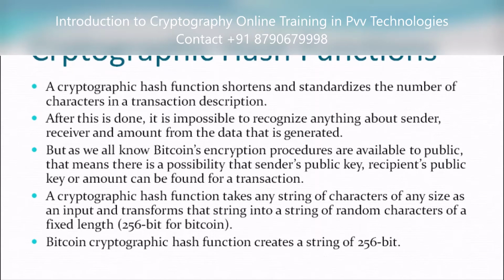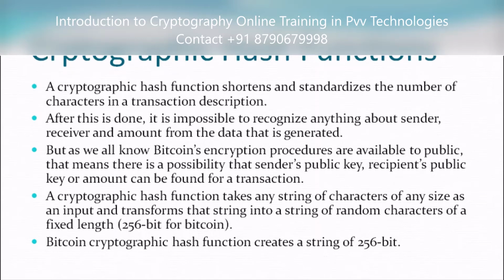A cryptographic hash function takes any string of characters of any size as an input and transforms that string into a string of random characters of a fixed length, that is 256 bit for Bitcoin.